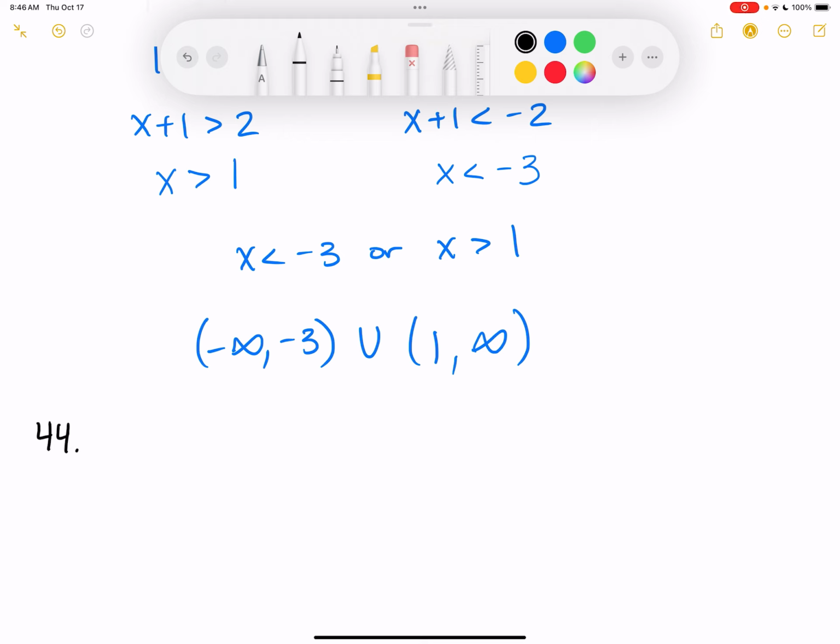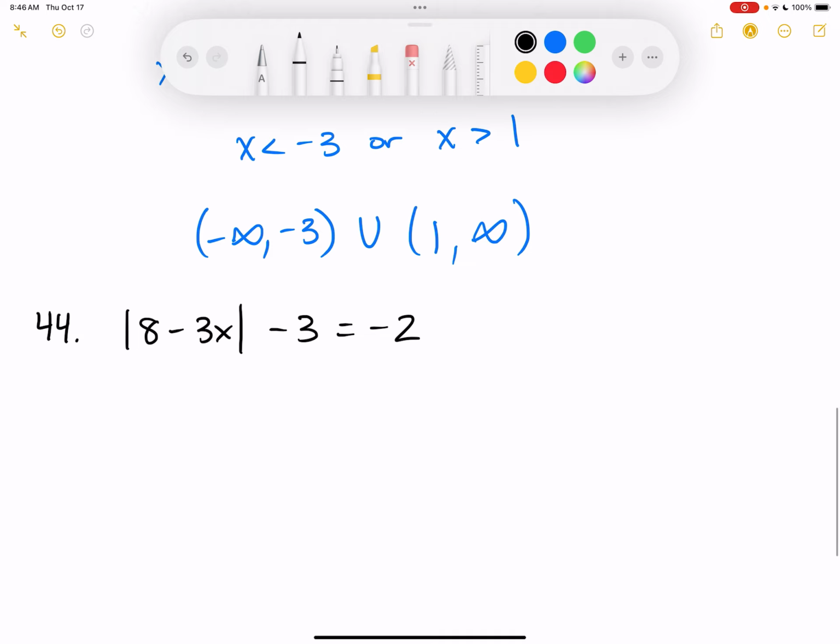So 44: the absolute value of 8 minus 3x, and then minus 3 equals negative 2. First and foremost, we need to add the 3 because I need to get the absolute value by itself. So the absolute value of 8 minus 3x equals, add the 3 over, so 1. Then copy down exactly, 8 minus 3x equals 1.